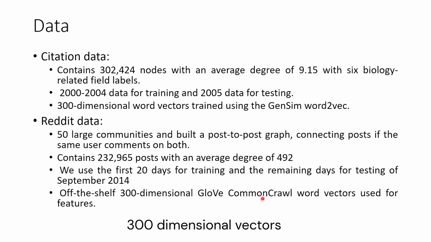These two are vectors, and the initial embedding is generated in Gensim, and its initial embedding is generated in this as the common crawl vector for the feature.